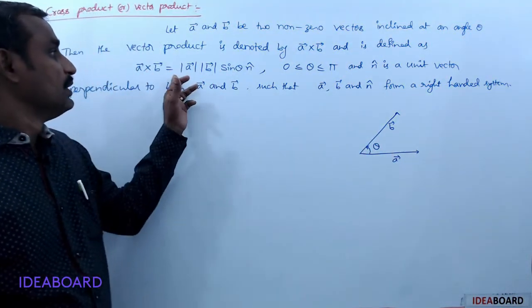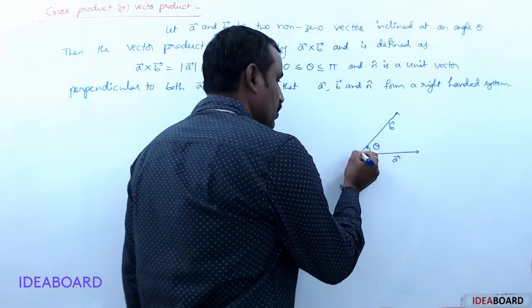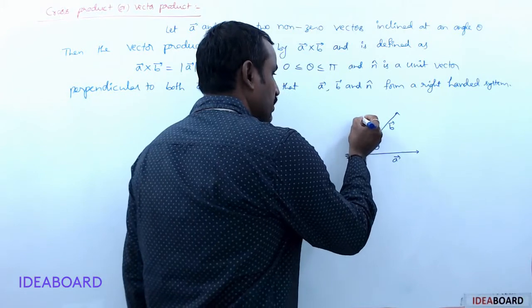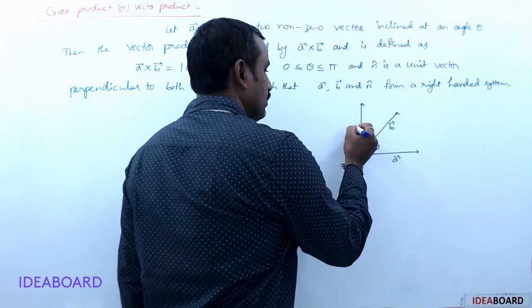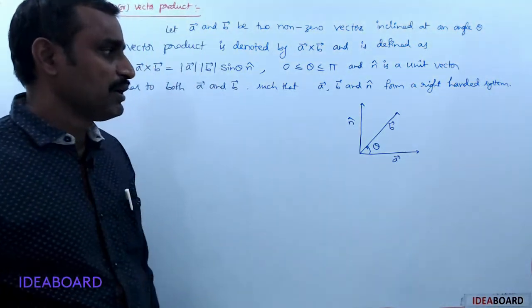Here n cap is a unit vector perpendicular to both A bar and B bar.